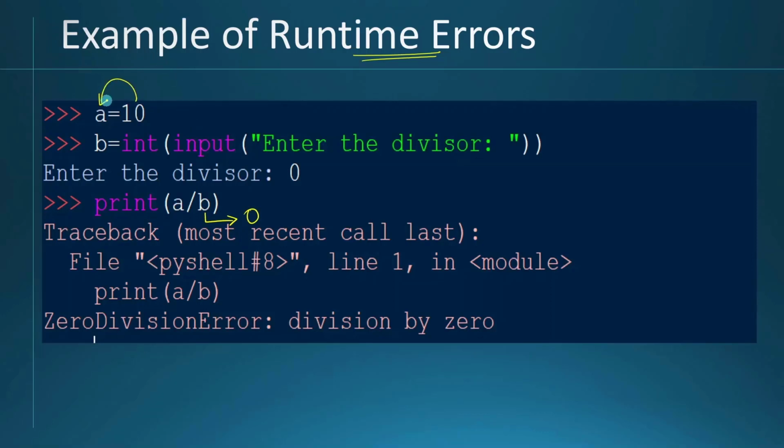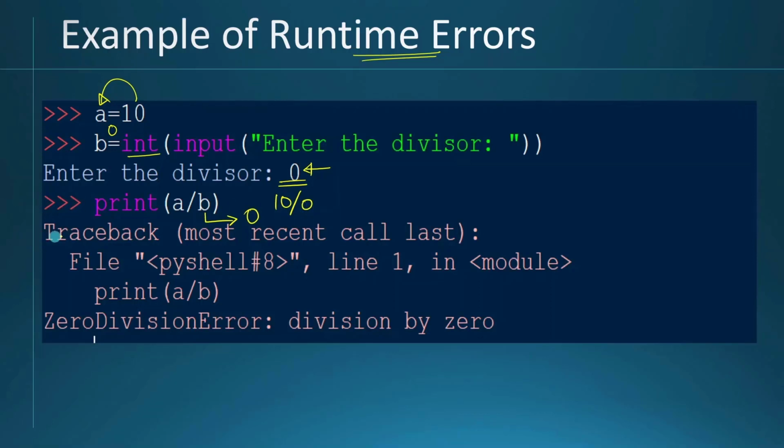So value 10 is stored into a, and after that into b I'm taking an input, right, and converting that to integer. Now accidentally the user inputs the value of b as 0. So now 0 is stored into b and I am trying to divide 10 by 0. This is undefined.